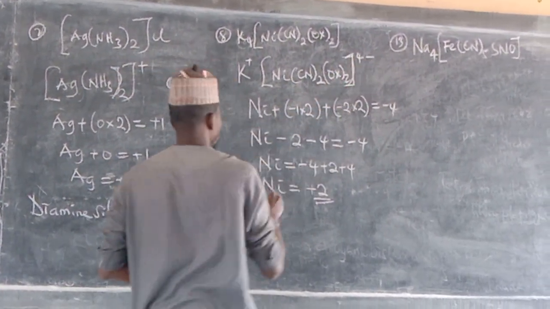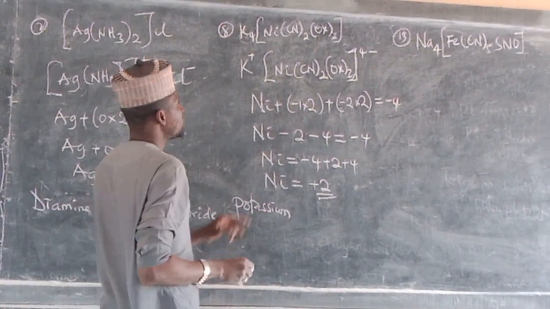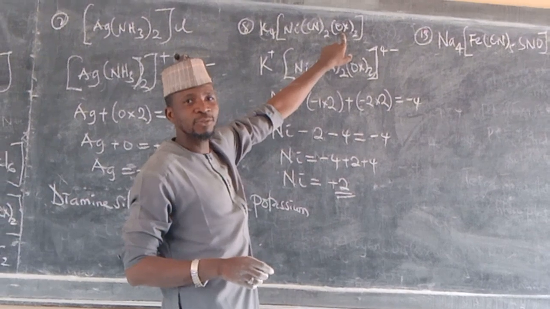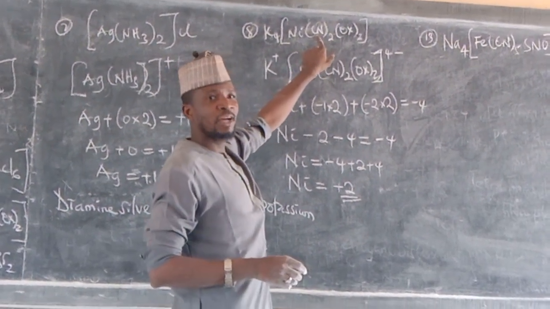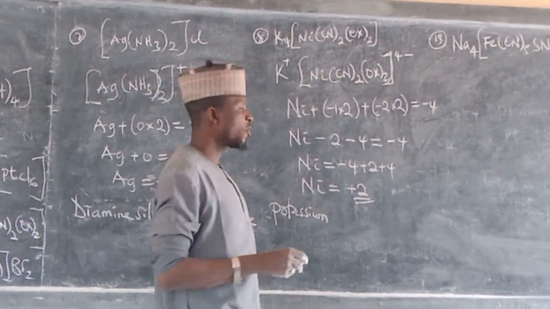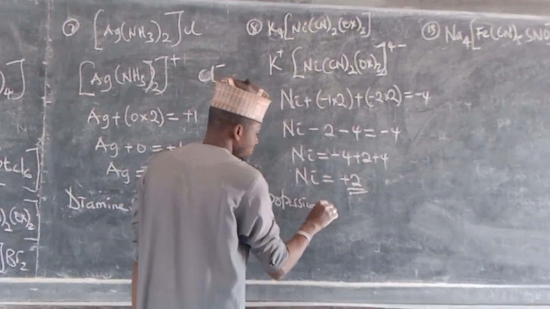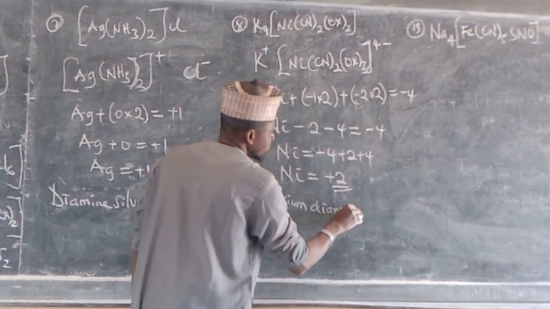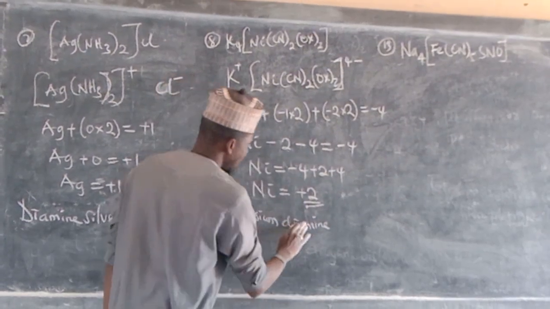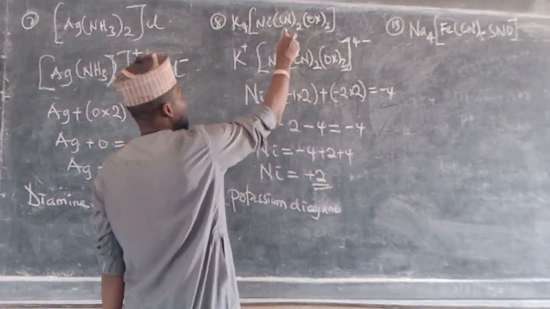Now we can name. Remember, this is negative. So the name is going to be potassium. We have 2 ligands, the oxalato and the cyano. We are going to name them in alphabetical order. So we have cyano, and cyano is a monodentate ligand, so it's going to be dicyano.